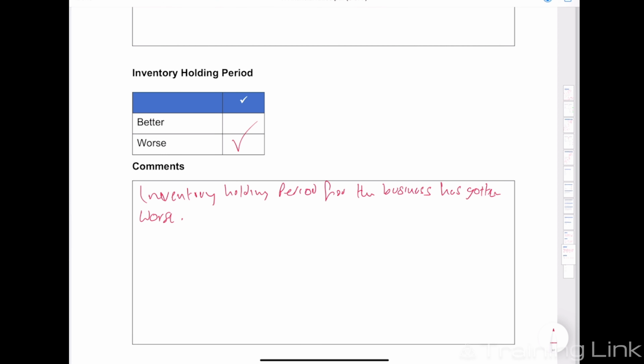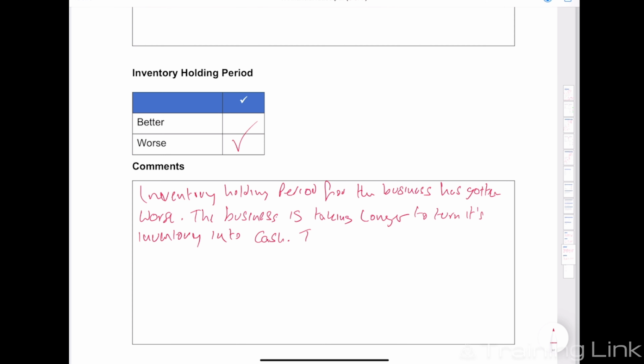Well, what that means is the business is taking longer to turn its inventory into cash. So why might that happen? Or what are the implications of that? So that could happen if you've got old stock, for instance.